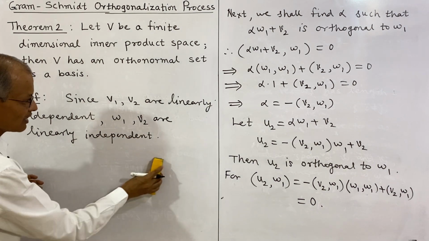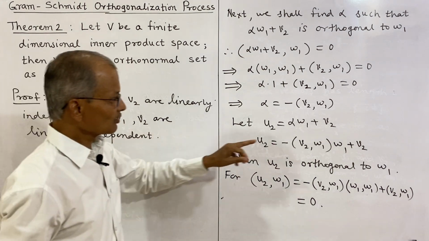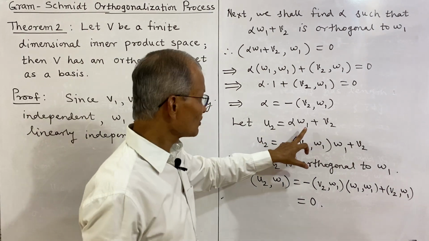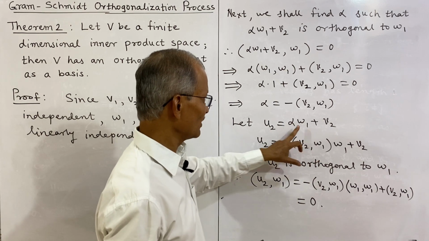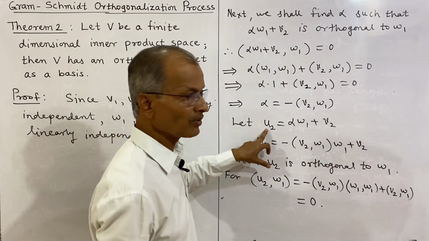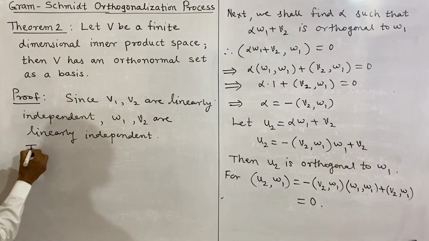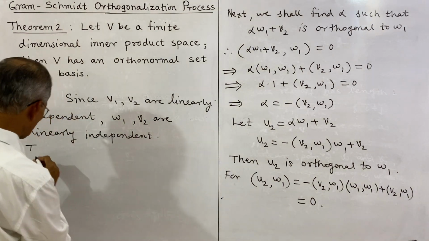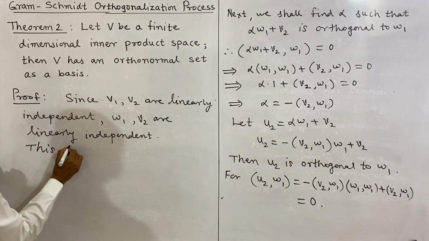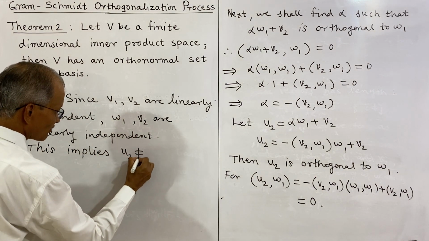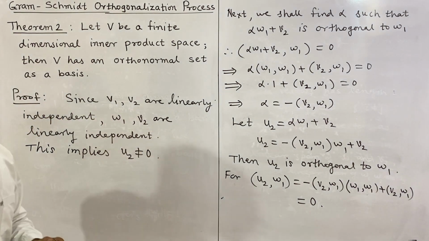And because this is linearly independent, W1 and V2 appear in the combination of U2. So these are linearly independent, therefore U2 must not be 0. So why is U2 not equal to 0?